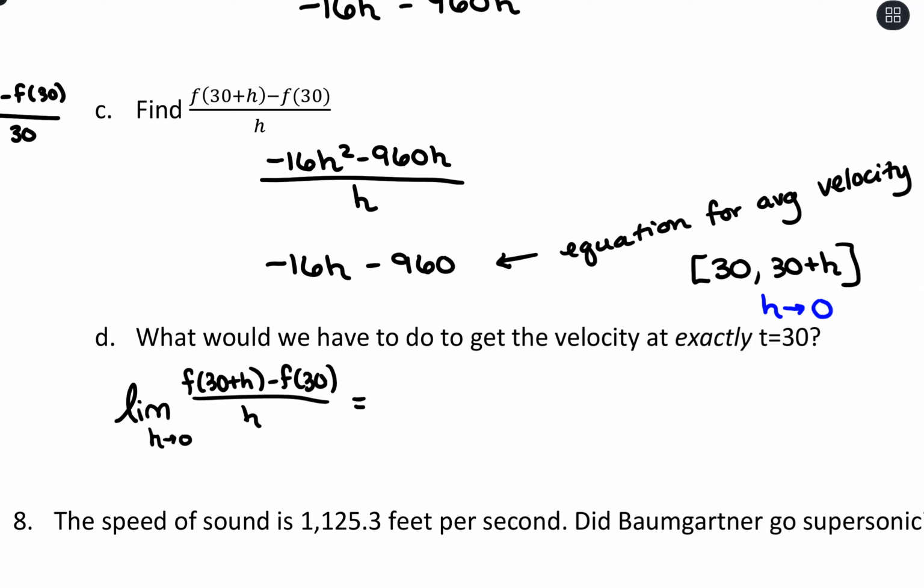Well, we just did all this evaluation to simplify that average velocity notation. So we're taking the limit as h approaches 0 of negative 16h minus 960. Which we can just plug in 0 to. That's no problem here. We couldn't plug in 0 right at the beginning because we would have had 0 in the denominator and things would have not worked out. But with all the simplifying we did, now we can plug in 0. So let's look at negative 16 times 0 minus 960.